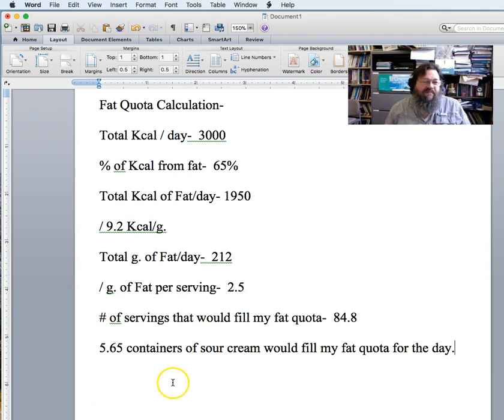So 5.65 containers of sour cream would fill my fat quota for the day. That is way more sour cream than I would ever eat.